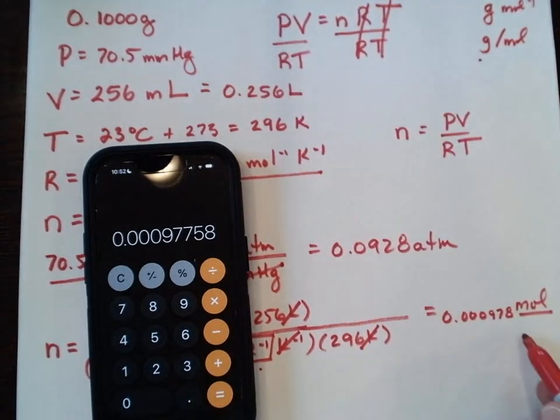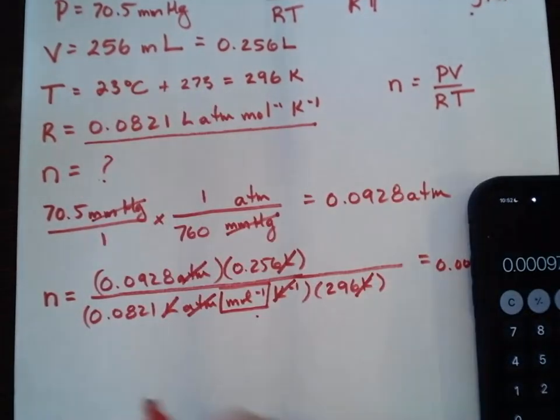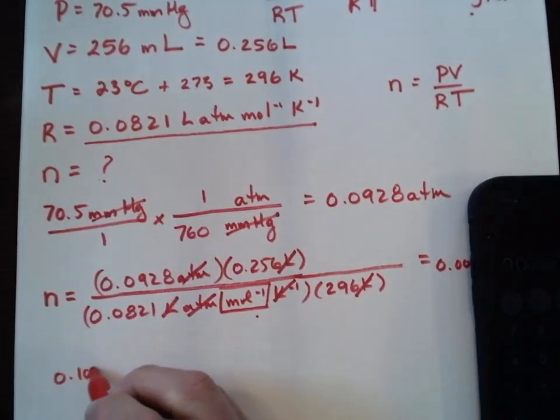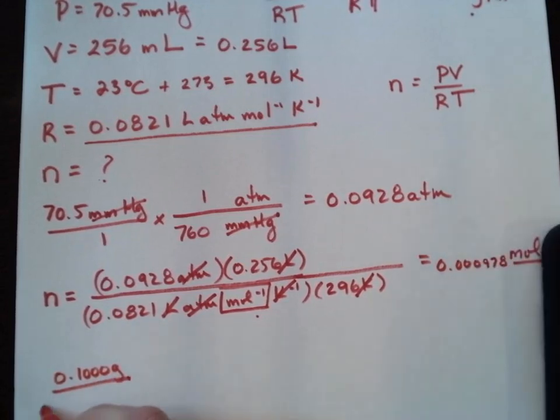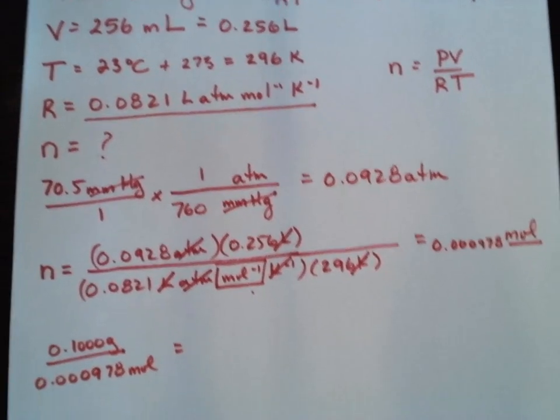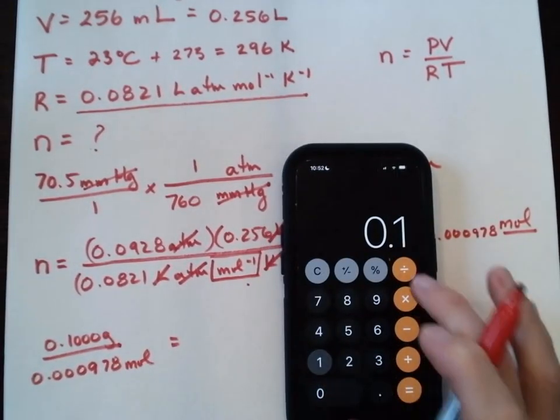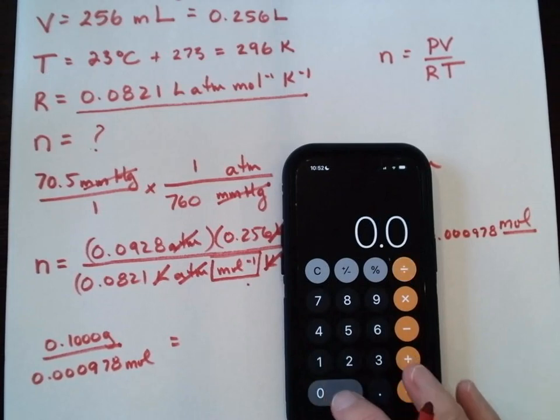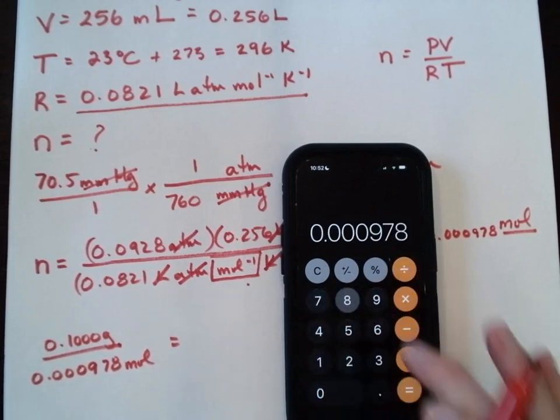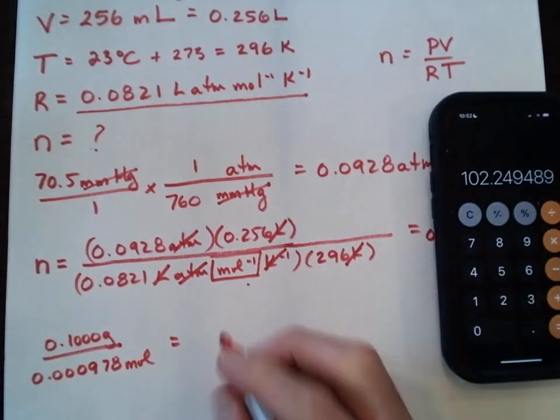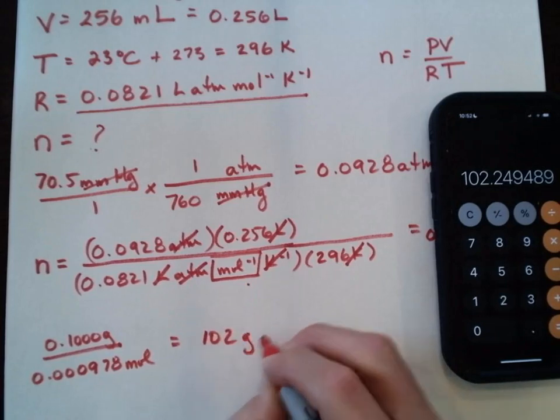We're going to divide by my moles. 0.1 gram divided by 0.000978 moles will give me my molar mass. 0.1 divided by 0.000978 is 102 grams per mole.